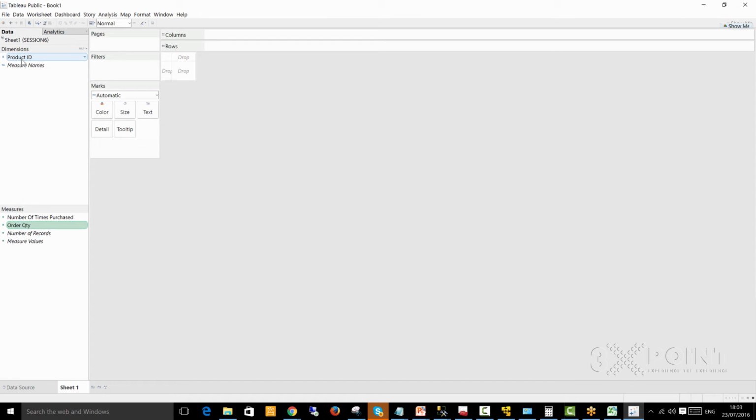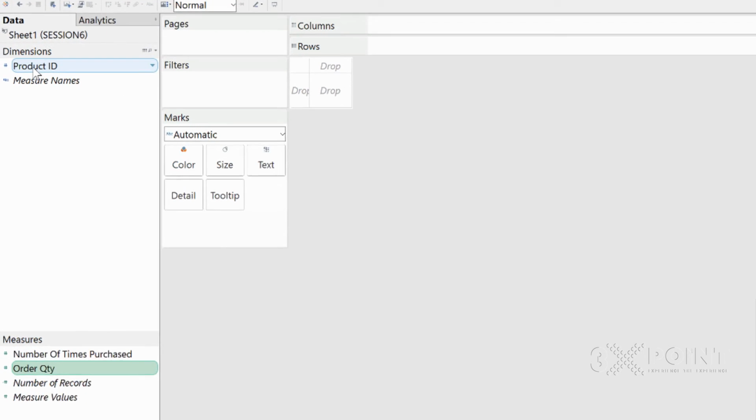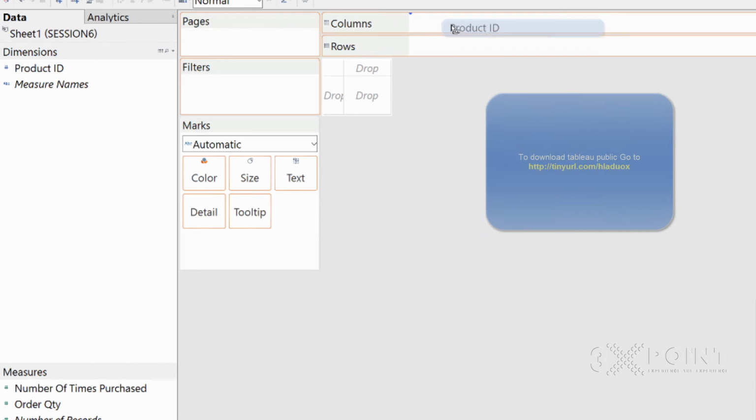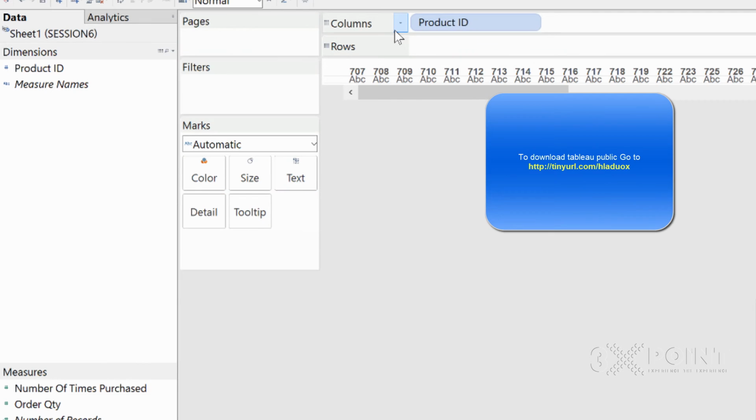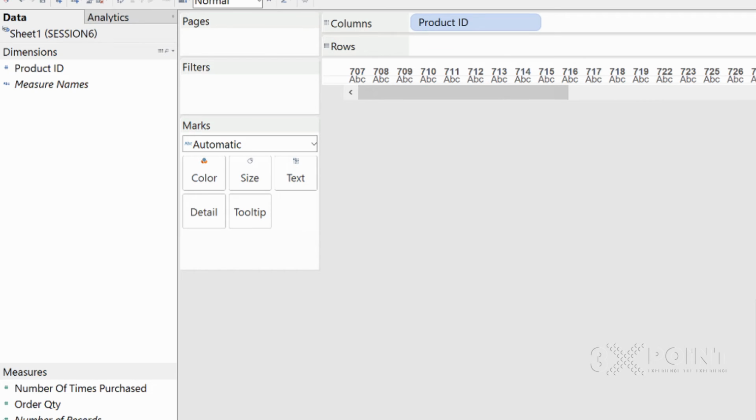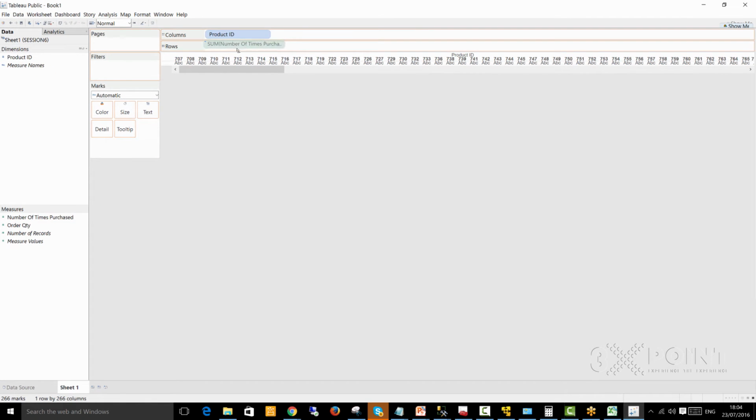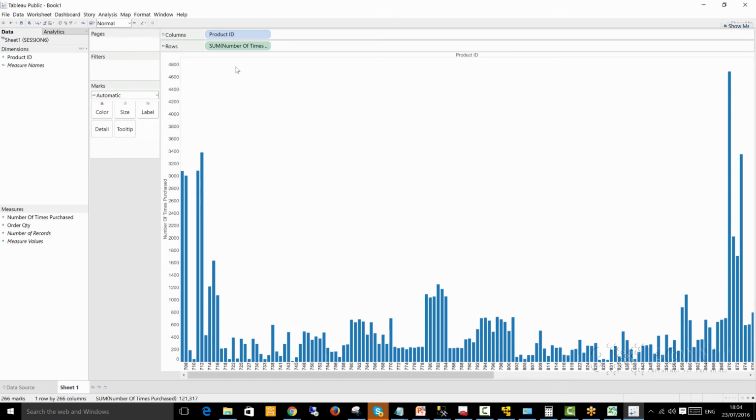So for now, I'm just going to say, okay, product ID, let me drag this and bring it into the columns. So you can see all our product IDs come out like that. And if I ask how many times was this product purchased, I could just bring this here.